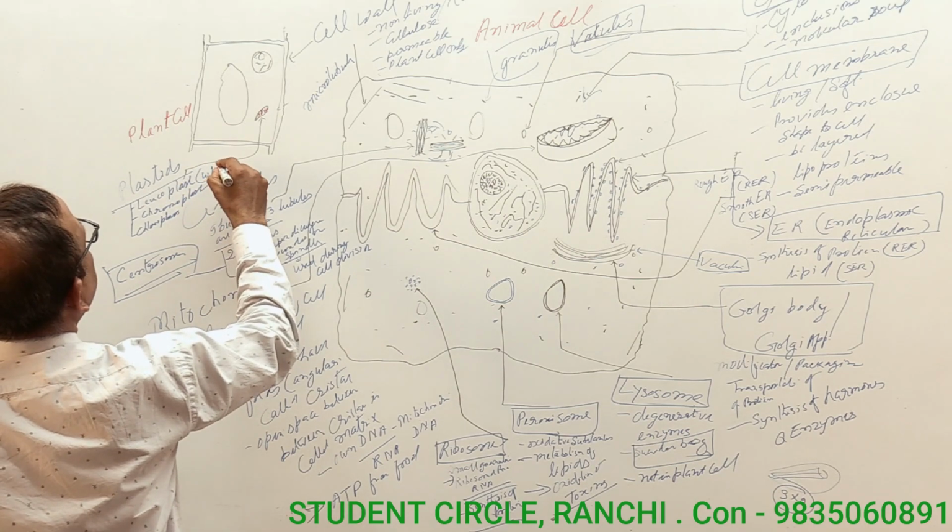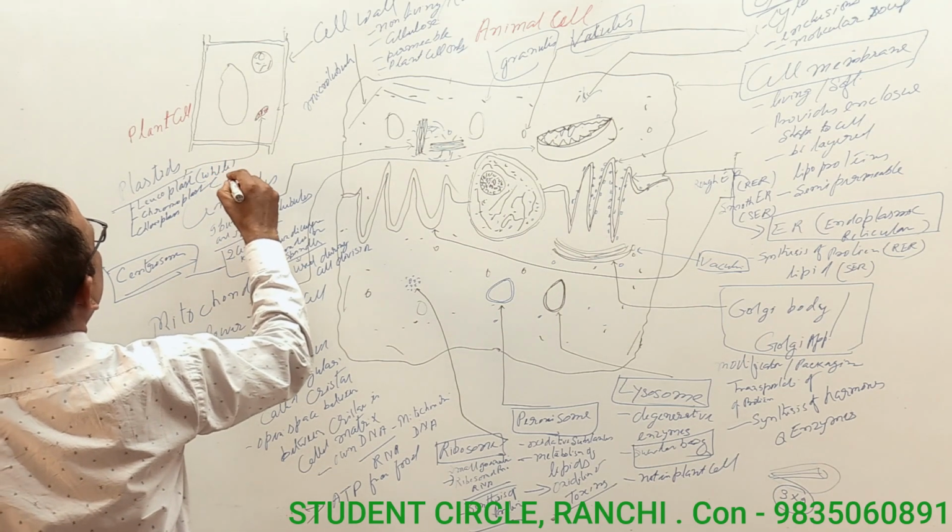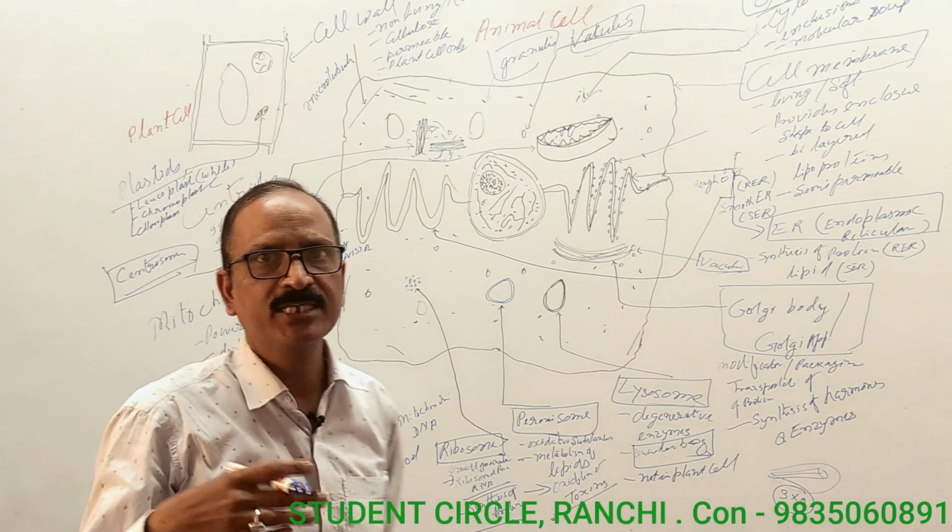Leucoplast is white in color. Chromoplasts have different colors, red, orange, brown.